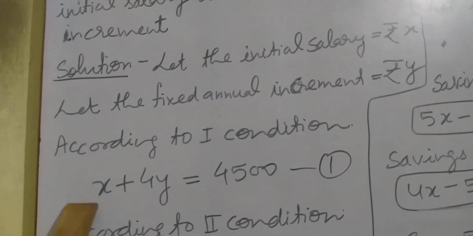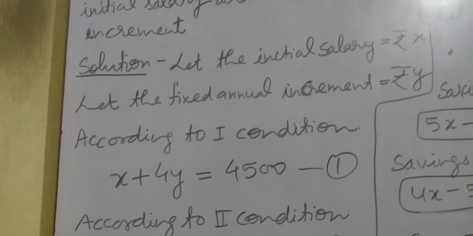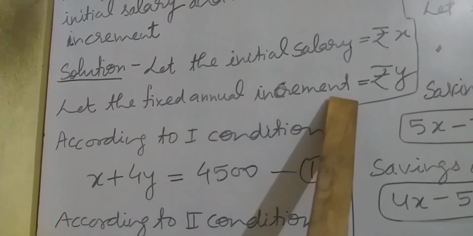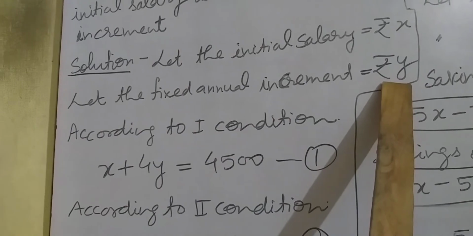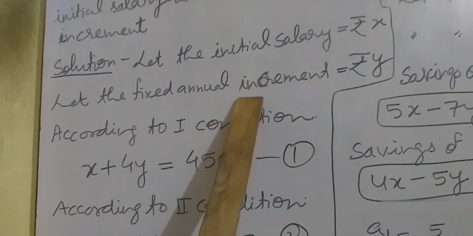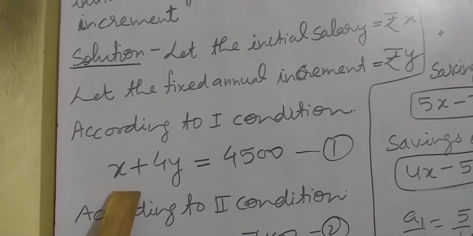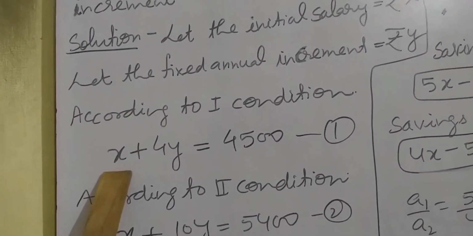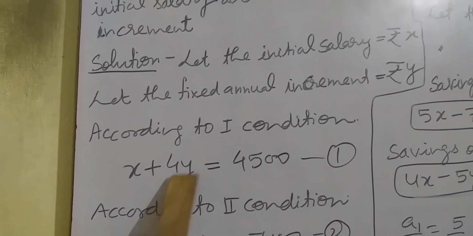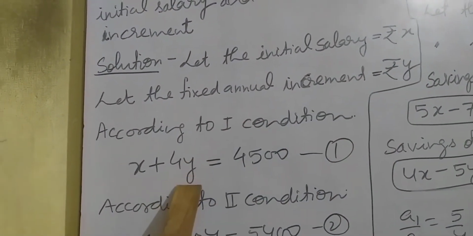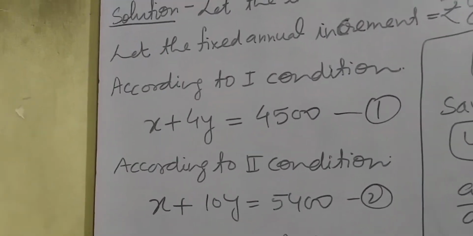His total salary will be X plus 4Y, because we have supposed the fixed annual increment rupees Y. For 1 year the increment is rupees Y, so for 4 years it is 4Y. So X plus 4Y equal to 4,500.